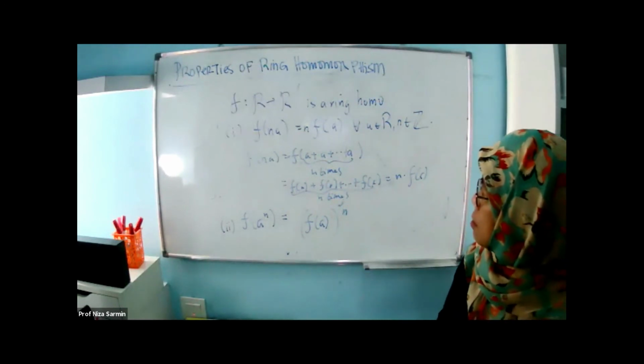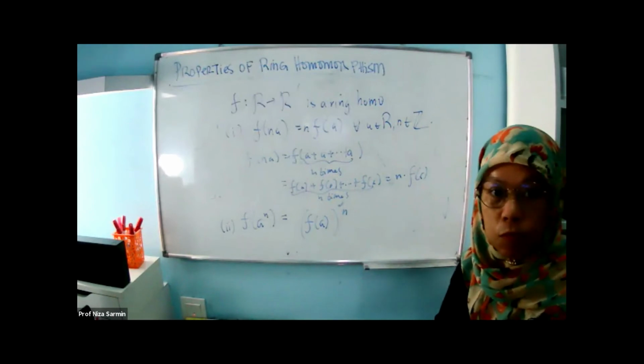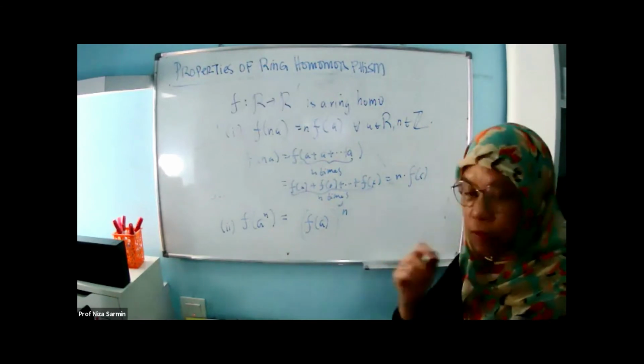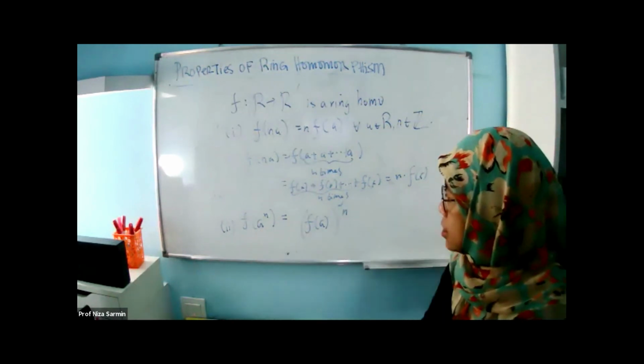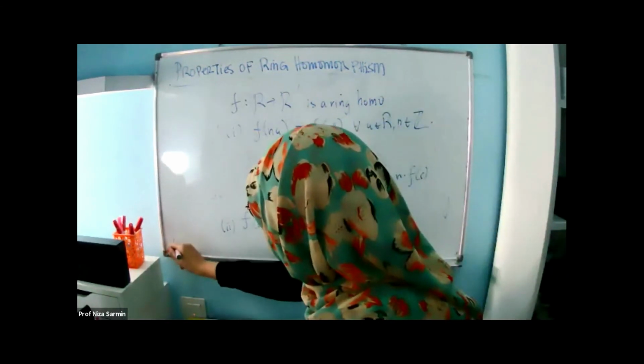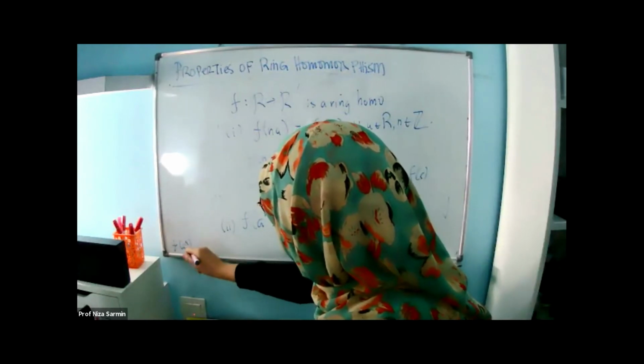So it's n times f of A, right? Then the same thing you can do for this one. You take f of A to the n.